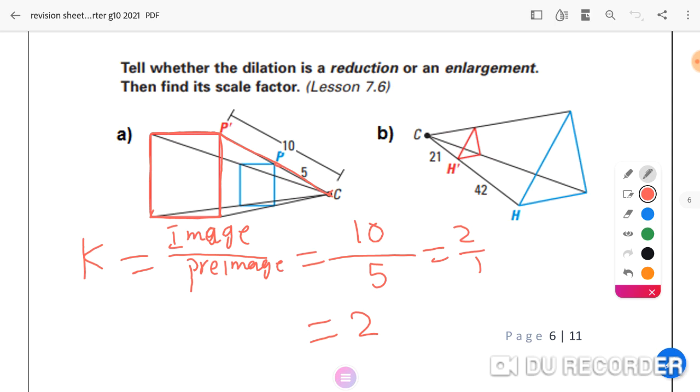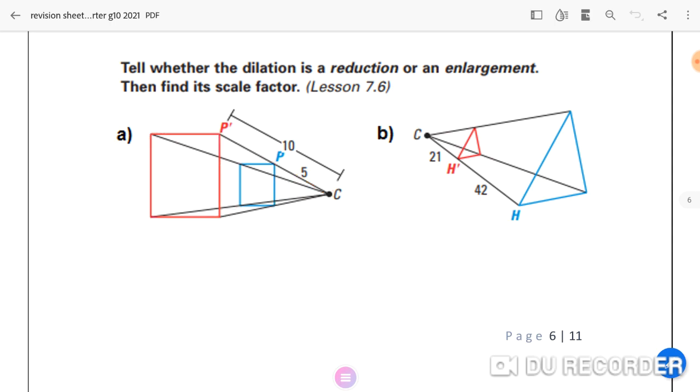And that means the blue shape, the original shape, has become 2 times larger by this dilation. So, for example, if I told you that this side, BQ, equals 2 centimeters, the corresponding side, P prime Q prime, equals 4 centimeters, because the scale factor of the dilation is simply 2. Okay?